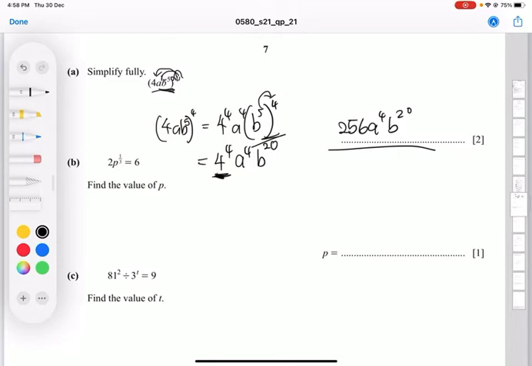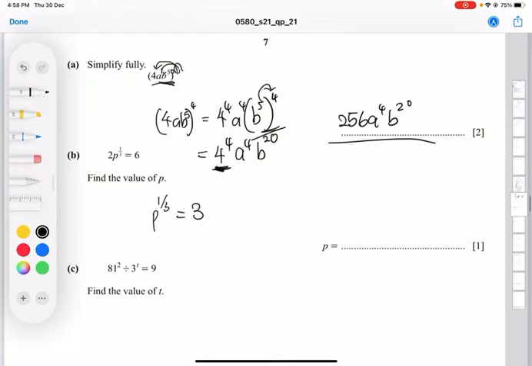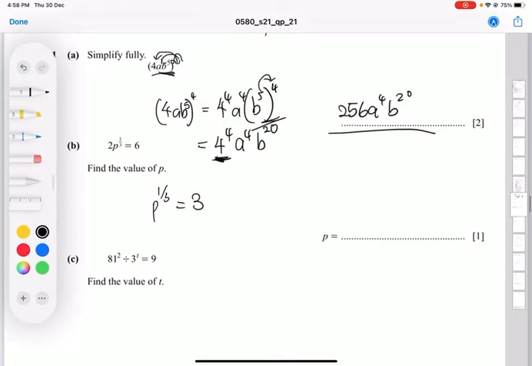Now b here, it asks you to find the value of p. So we're going to simplify it a little bit first. 2p^(1/3), you divide both sides by 2, that gives you 3. And now the trick here is p to the 1/3 is essentially the cube root of p.